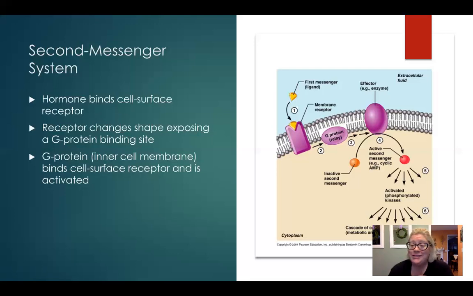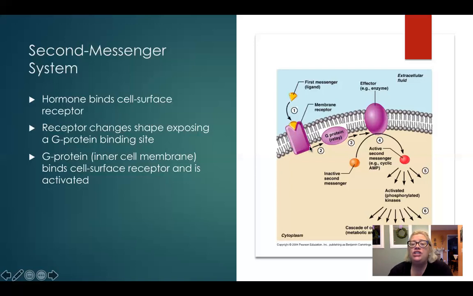So let's go through the secondary messenger system. All right. So the first thing is that that first messenger, that hormone, is going to bind to our good old cell surface receptor. Now, when that hormone binds to the cell surface receptor, the cell surface receptor is going to have a change in its shape.